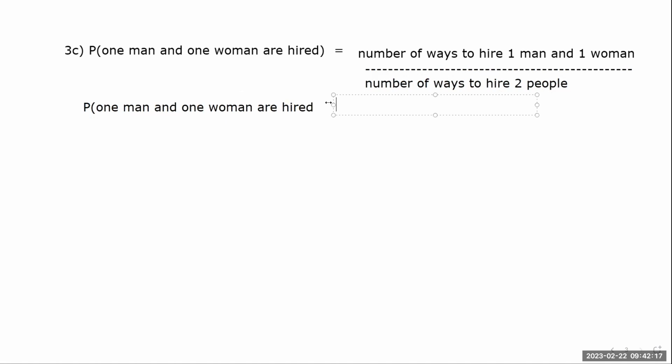So from the men, we choose. Remember, we had 6 men and 7 women. That was our distribution. That was a total of 13. Okay, 13 total people.